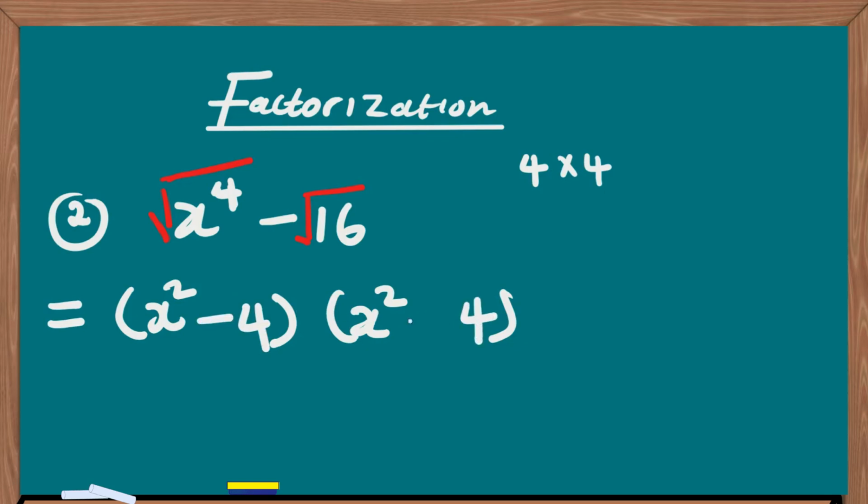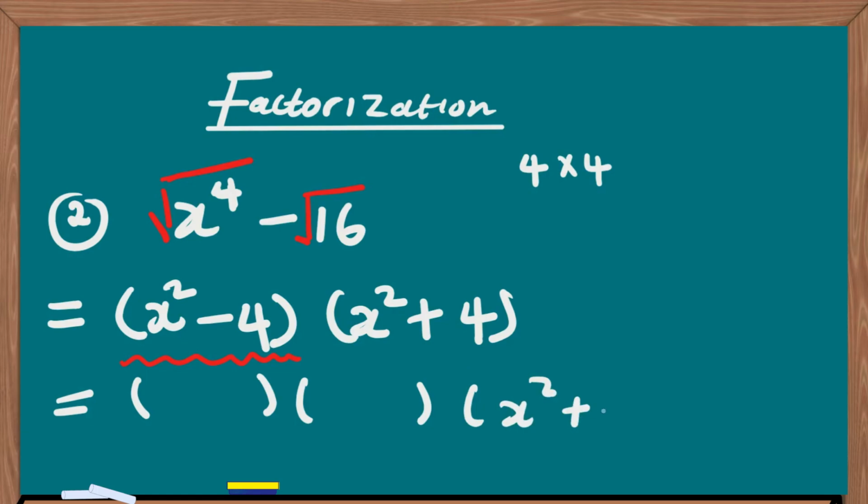Then minus, but this is not our final answer this time. As you can see, this is still factorizable. So we continue with another two brackets. The x squared plus 4 comes as it is.